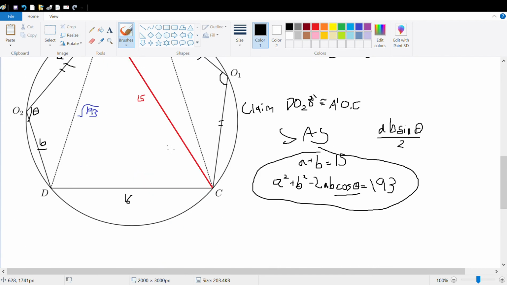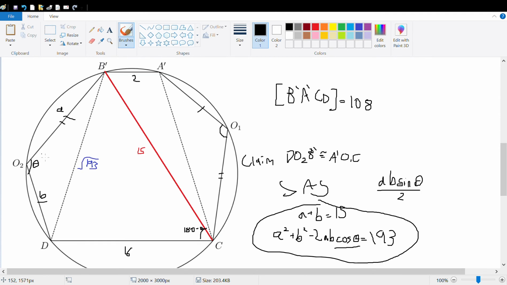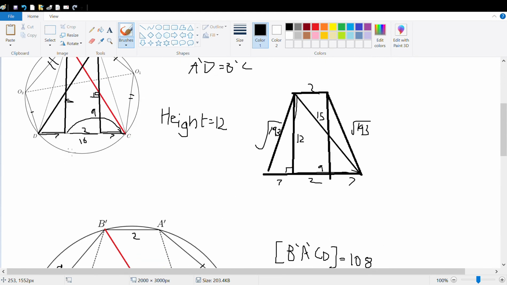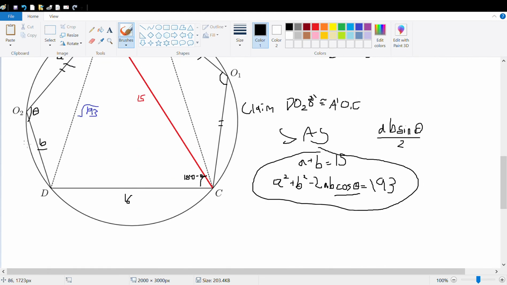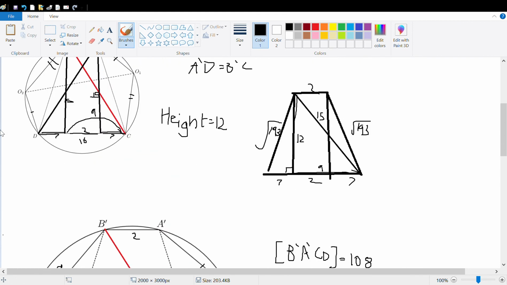If we look here, this is 180 minus theta because of cyclic properties. If we look at O2DCB prime as a cyclic quadrilateral, opposite angles in a cyclic quadrilateral add to 180. But we already know what the cosine of 180 minus theta is. If we look here, this is 108. We already know the cosine of this because we already have a right triangle there.